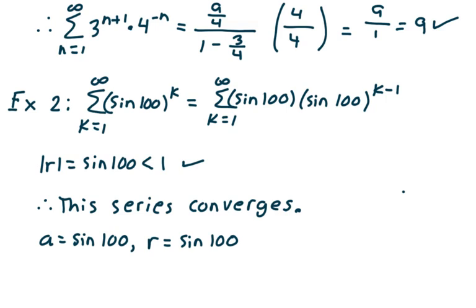Now, a is sin(100), and r is also sin(100). So again, a is sin(100), r is also sin(100). And so, therefore, let's find the actual sum.